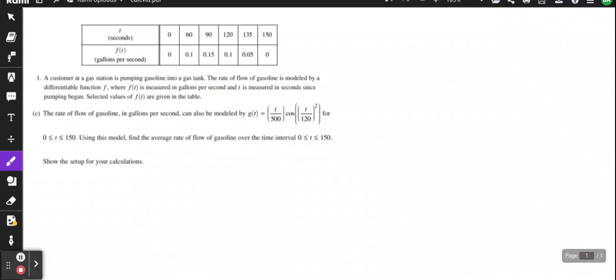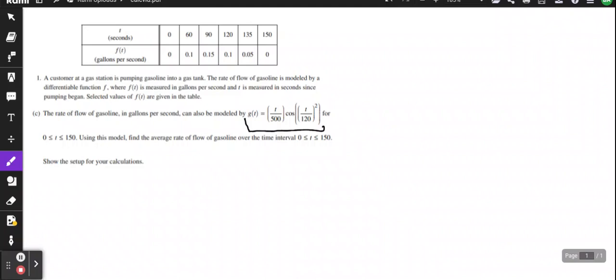Part C is asking us, the rate of flow of gasoline in gallons per second can also be modeled by g of t for t between 0 and 150. Using this model, find the average rate of flow of gasoline over the time interval 0 to 150 and show the setup for your calculations.